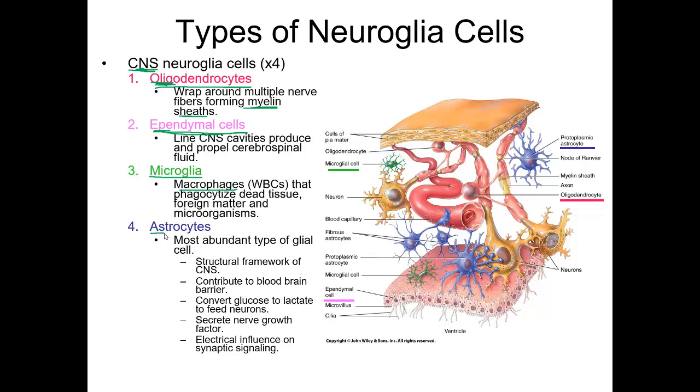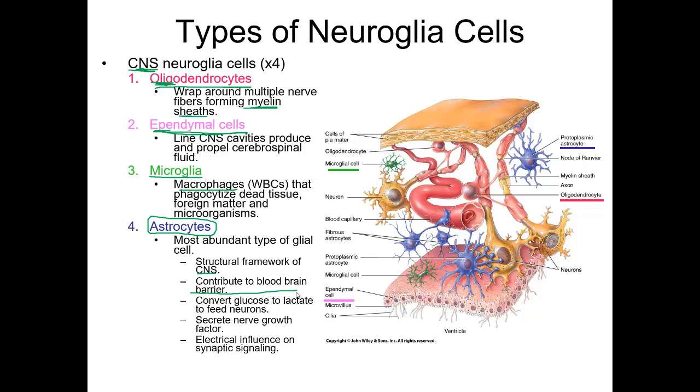And the last and the star players, literally the star players of your neuroglia are astrocytes. Astrocytes are the most abundant type of neuroglia because, one, they form the structural framework of the CNS by forming the blood-brain barrier.